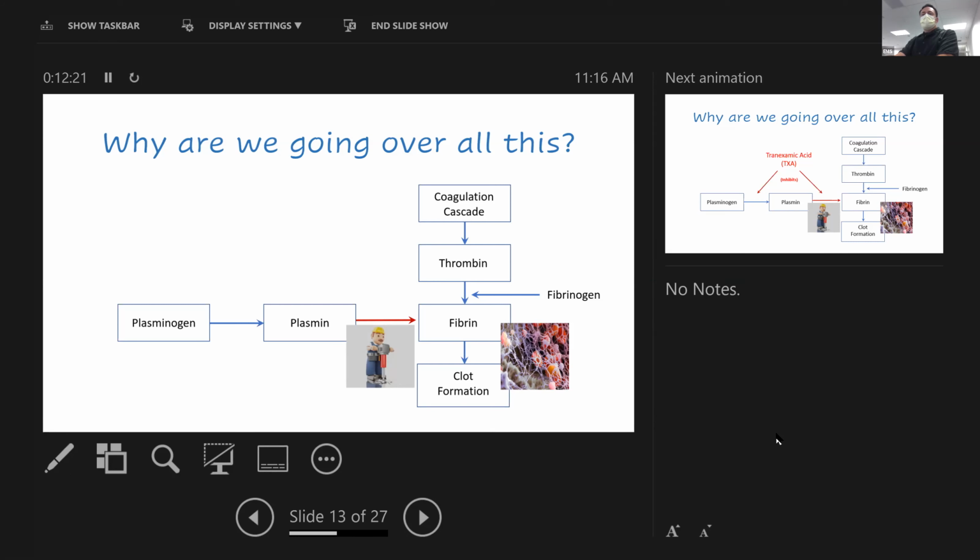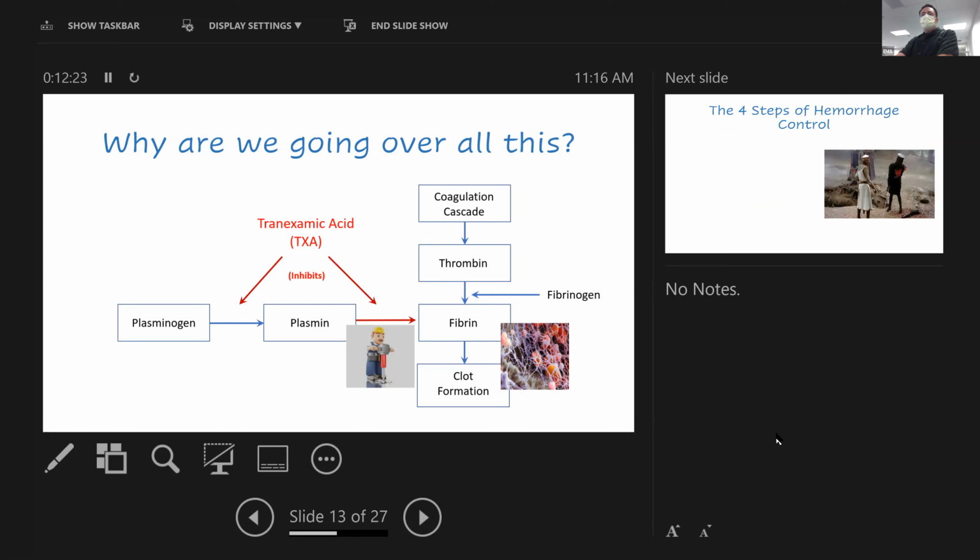So where TXA comes in is TXA inhibits the conversion of plasminogen to plasmin, and it also inhibits the action of plasmin on fibrin. It tells a guy with a jackhammer, hey, hold up a second, fibrin's doing its job, we need that blood clot formation, let's leave him be. And so that's the action of TXA.